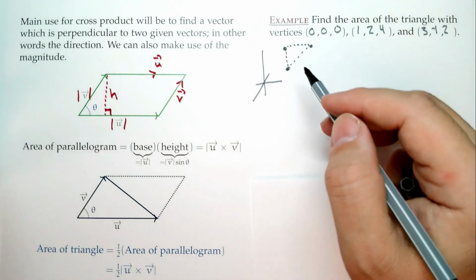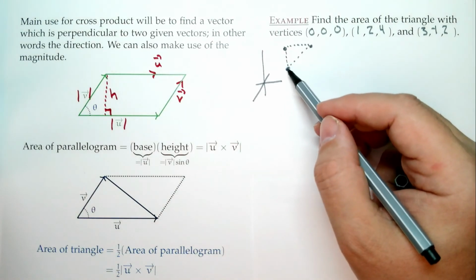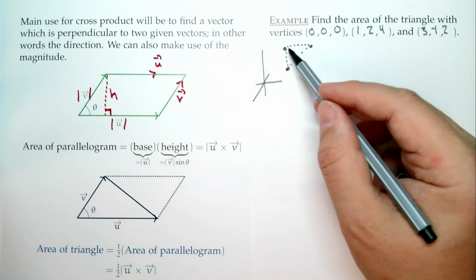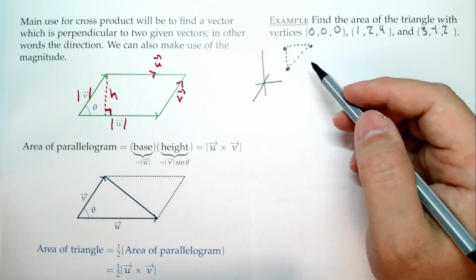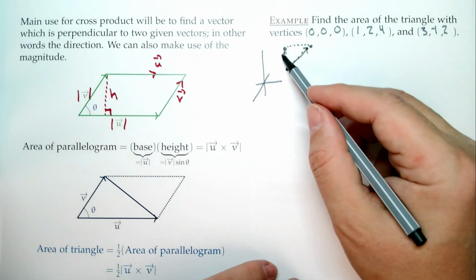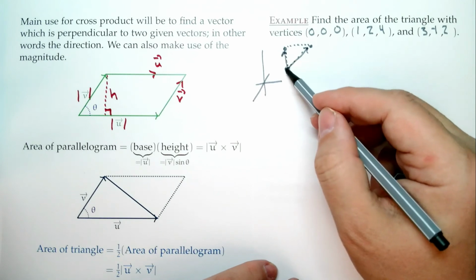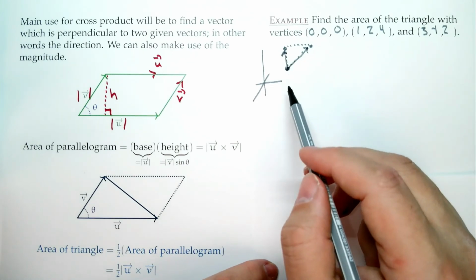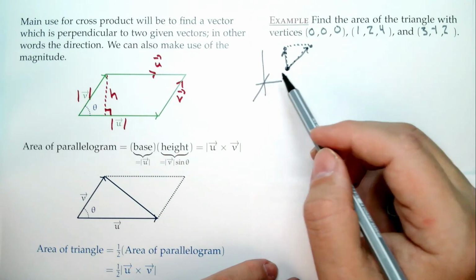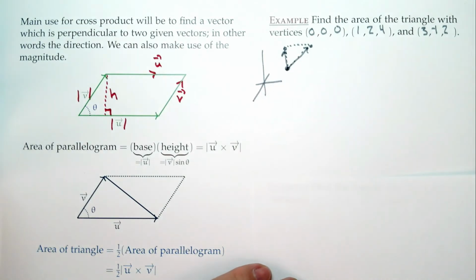There's a lot of choices, because I have 3 points, so I could have a vector going that way, a vector going that way. So there's 6 vectors. It doesn't really matter. Just pick 2. So I can pick 2 coming out of the same corner. Now, by the way, you might notice that this picture is obviously wrong, because none of these points is at the origin. But we're not here to get the right picture. We're here to get the right intuition.